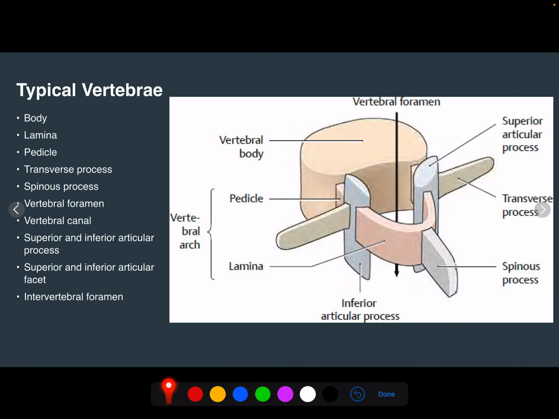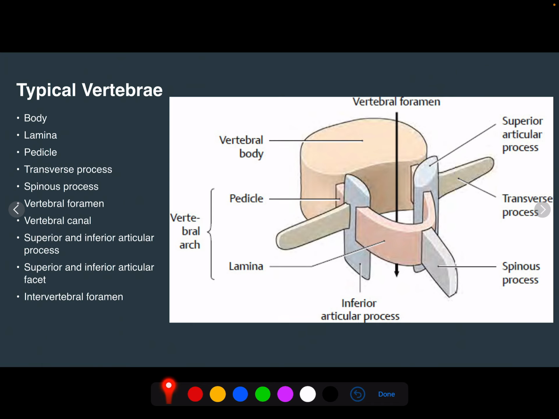Okay? Vertebral canal is a continuous passageway formed by stacked vertebral foramina. Okay? So we only find that vertebral canal when we stack vertebrae on top of one another.